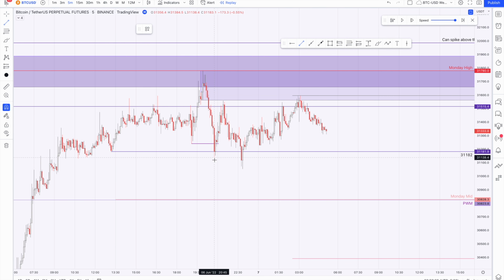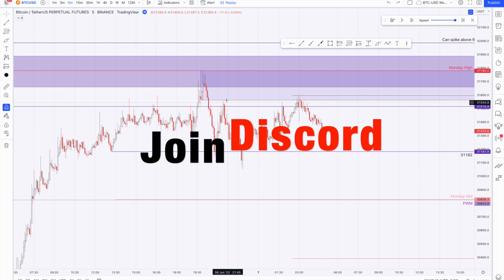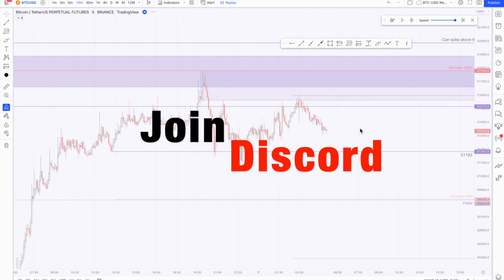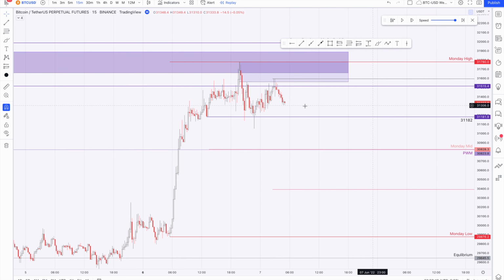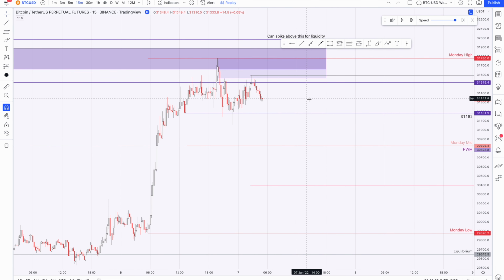This one, even this one, right? The BOS. So, on the 5-minute, you could have taken an entry here, which would be what? A conservative entry. And here, this would be what? An aggressive entry on the 15-minute. Eventually, what we would want the price to do is to break this level, 31182.